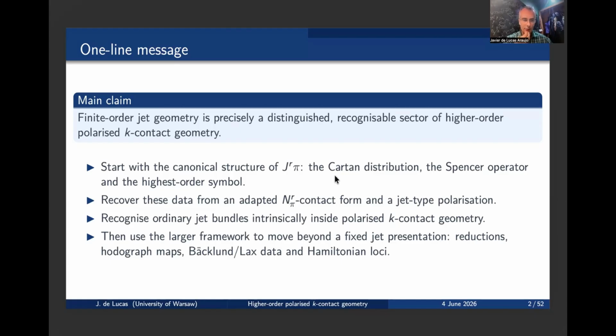The only thing is that to do so, a much deeper understanding of the structure of the associated K-contact distribution has to be obtained. But once this is reached, by means of a distributional approach, instead of coordinates, we can recover essentially the Spencer operator.